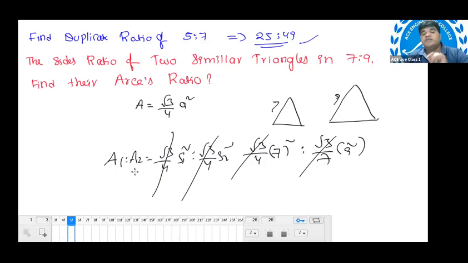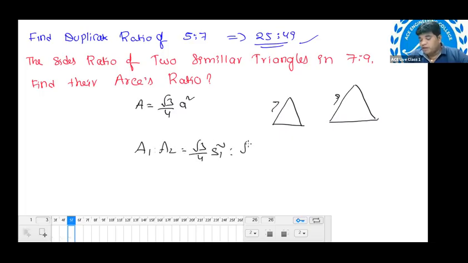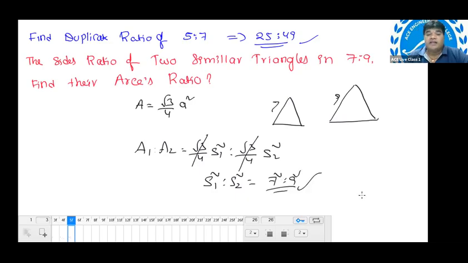That means again it is a duplicate ratio, but the terminology is different. So 7 square is to 9 square is the answer. Depending upon the given variable, we have to write the corresponding formula. That is the concept actually.